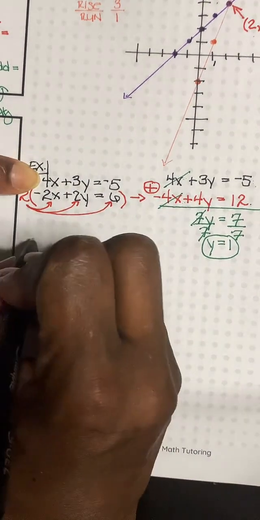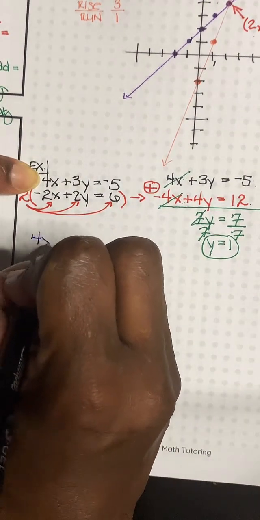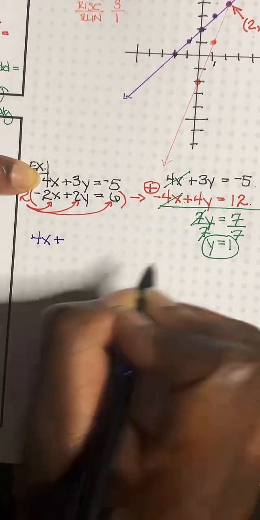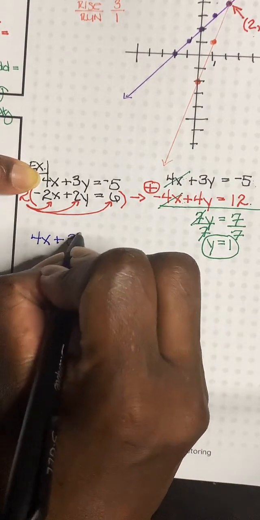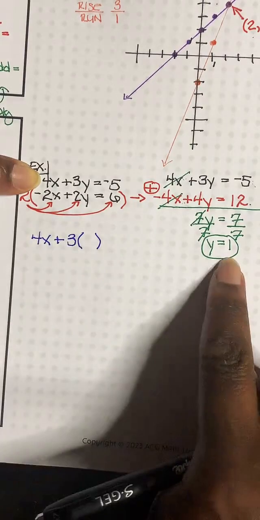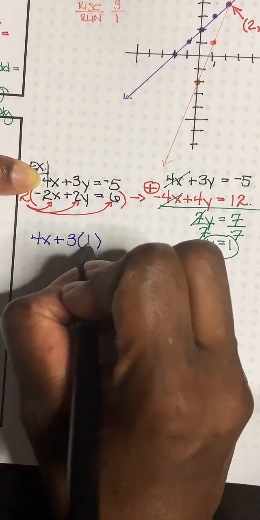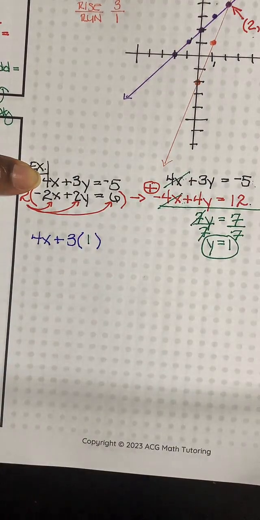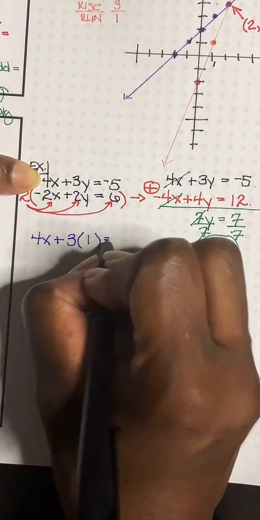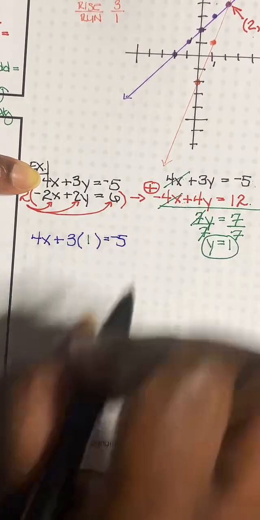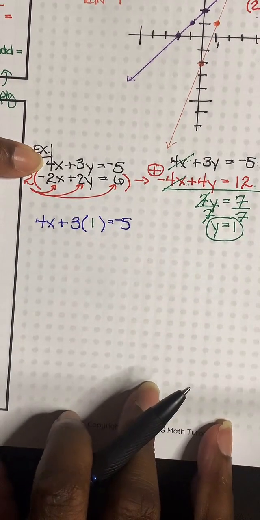Why not? So we have 4x plus 3, but instead of the y, we're going to substitute the one that we got for the y. And we're going to equal negative 5. Okay.